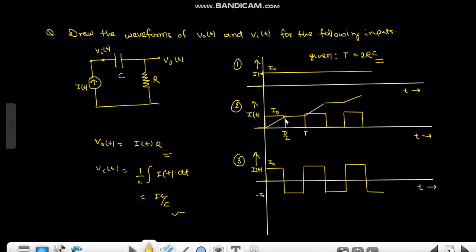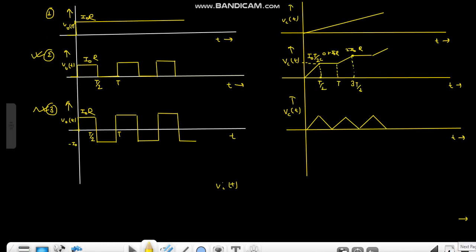So what will we do? First, we have applied I naught current for 0 to T by 2 time. So here the voltage will be I naught R, and across the capacitor the voltage is constantly increasing.